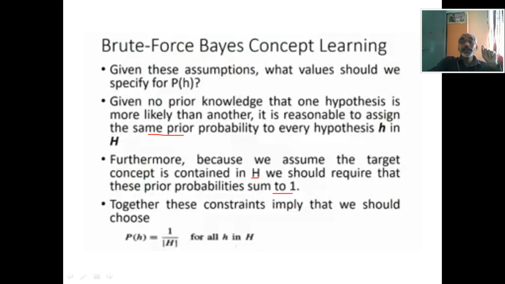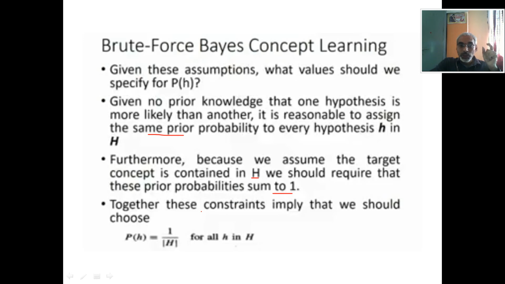Now when you assign the probability in equal chances, obviously when you sum them, it is going to become 1. How? Based on one of the probability theorems, when the events are mutually exclusive, as we have already seen, the sum should be 1.